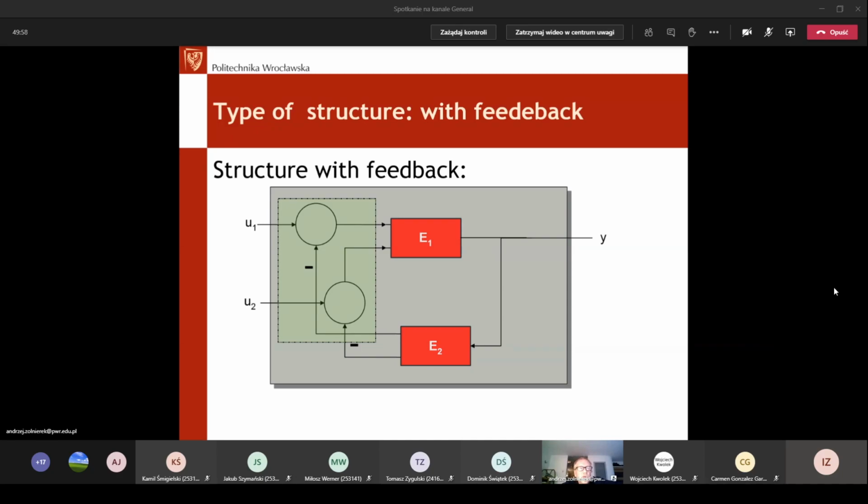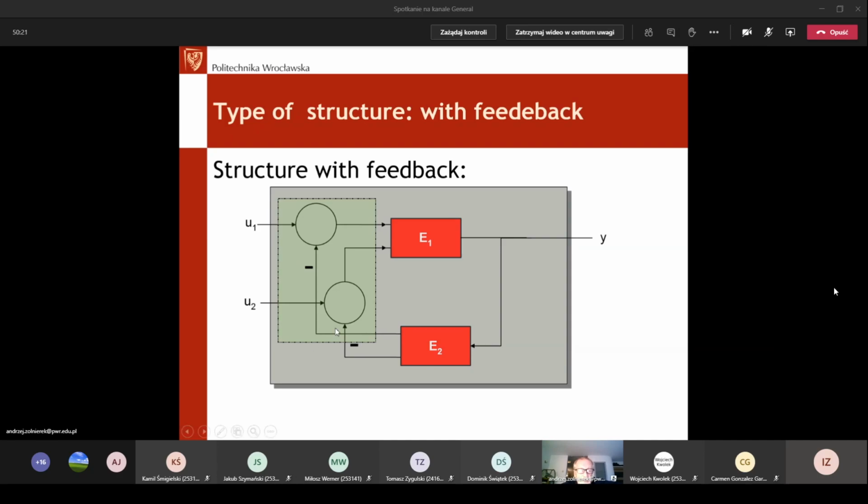For example, when we would like to build a PID regulator, maybe some of you know what a PID regulator is, I will tell you about it, maybe in the last lecture.